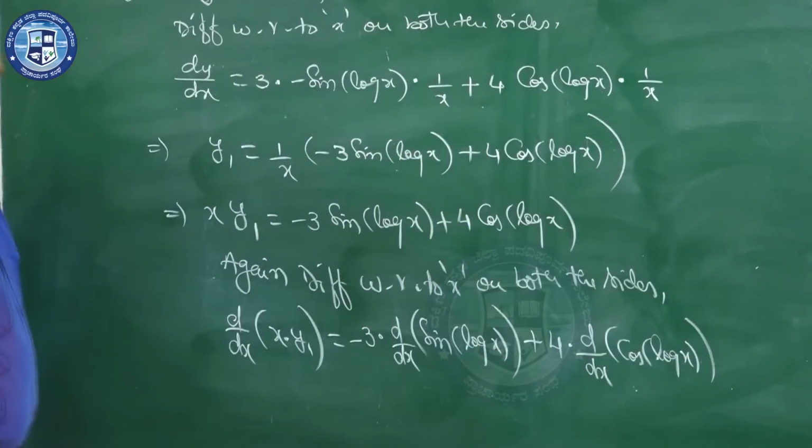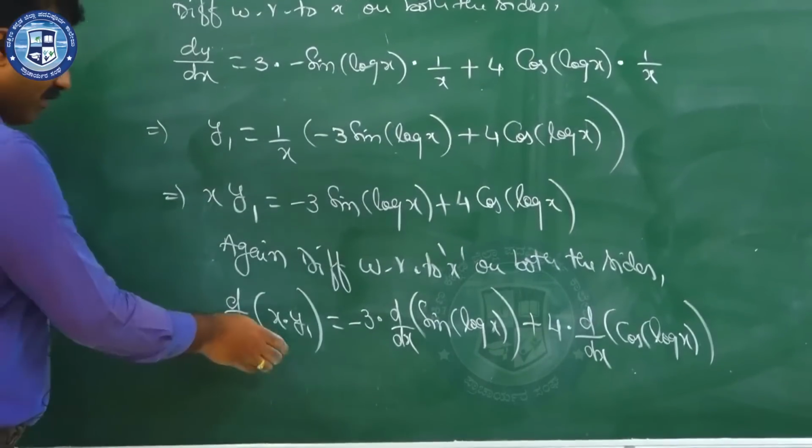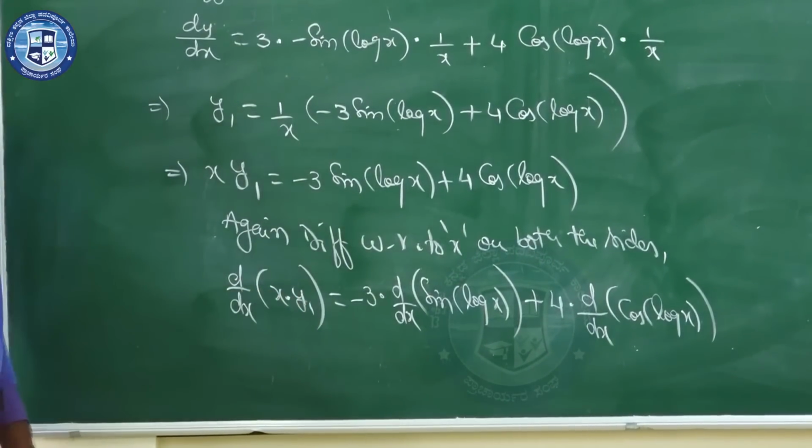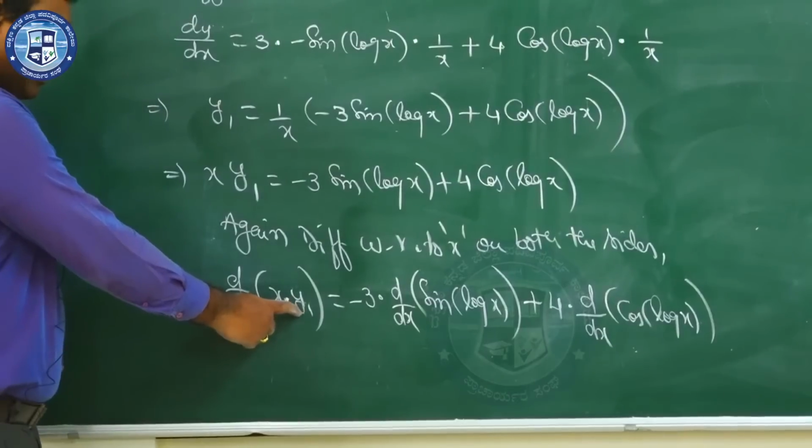Okay, right? So, we just applied derivative once again. UV formula you apply here. See, y1 means it is dy by dx.